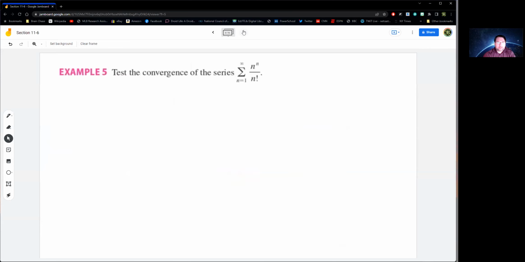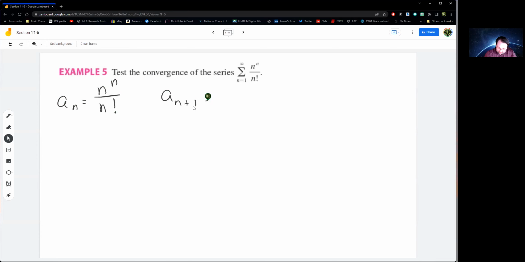All right. So this one we've got the n to the nth power over n factorial. All right, so we have an is n to the nth over n factorial.